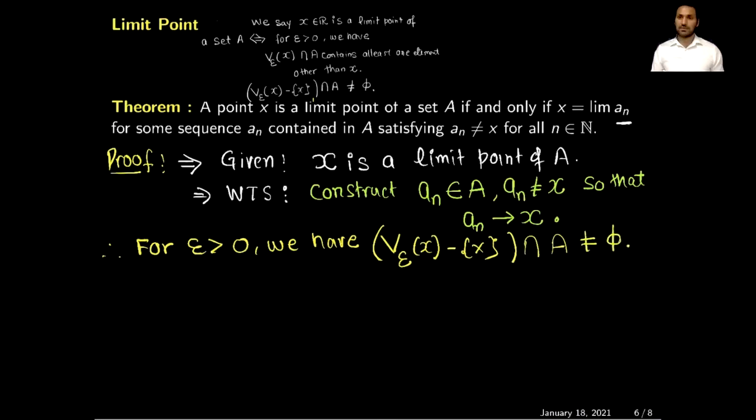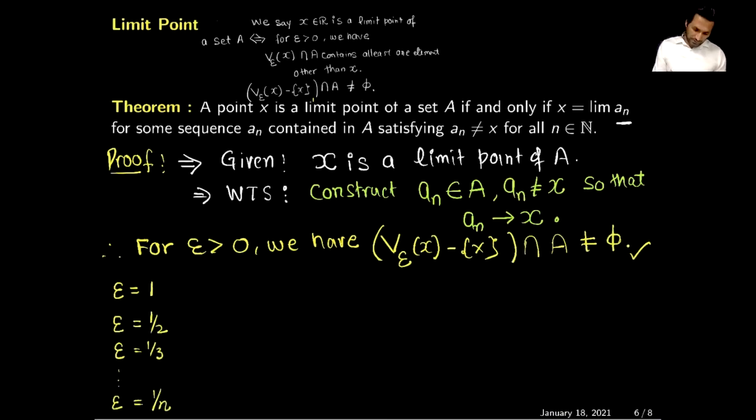This is the definition of x being a limit point. This statement is true for all epsilon, so it must be true if I take epsilon equal to 1, epsilon equal to 1 half, 1 third, and so on, epsilon equal to 1 over n, and so on.